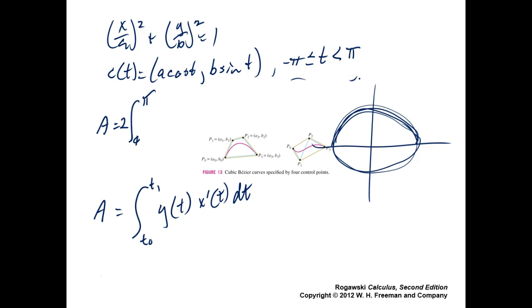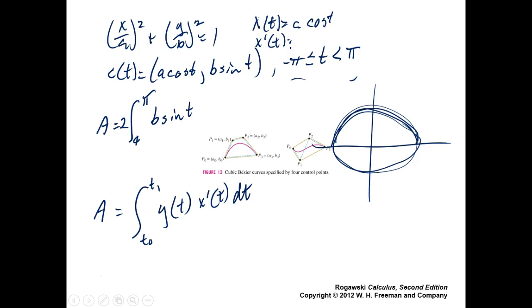Just like here, except you're only doing 0 to pi, but doubling it. Your y of t is b times the sine of t. Now, we also need to find what x prime is. x of t is equal to a cosine t, so we need to know what x prime of t is.